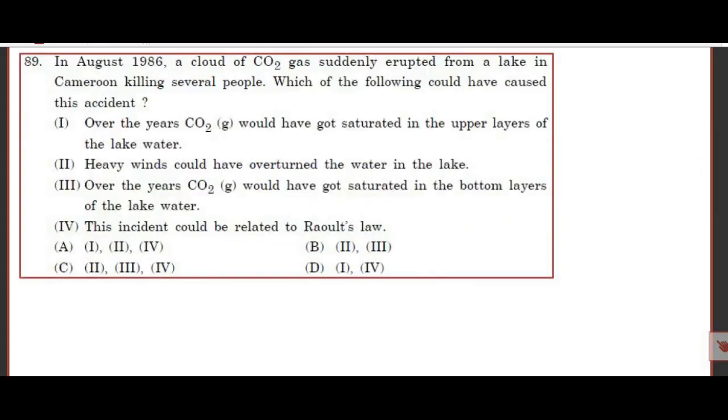Question number 89. In August 1986, a cloud of carbon dioxide gas suddenly erupted from a lake in Cameroon, killing several people. Which of the following could have caused this accident? Let us consider a lake.